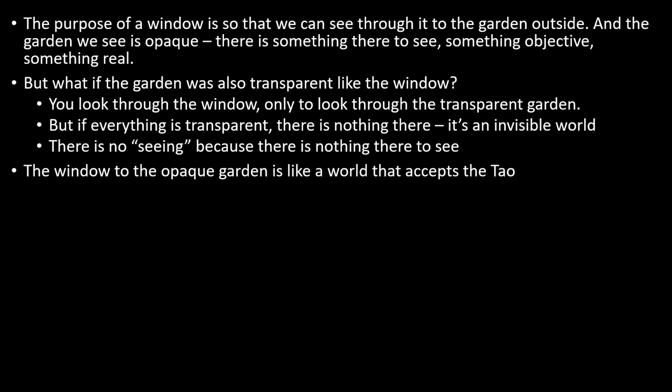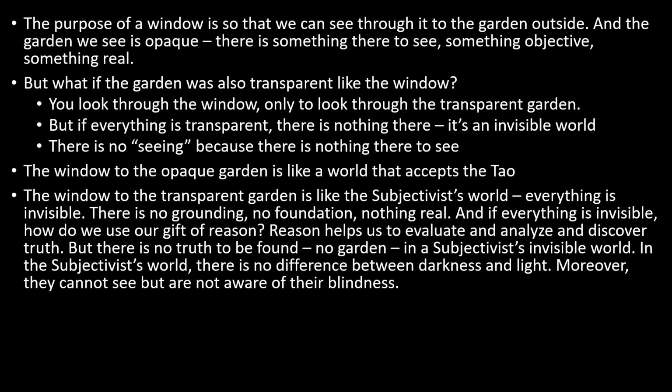And so he says the window to the opaque garden is like a world that accepts the Tao, accepts the natural moral law, accepts objective truth. The window to the transparent garden is like the subjectivist world. Everything's invisible. There's no grounding, there's no foundation, nothing is real. And if everything is invisible, how do we use our gift of reason?